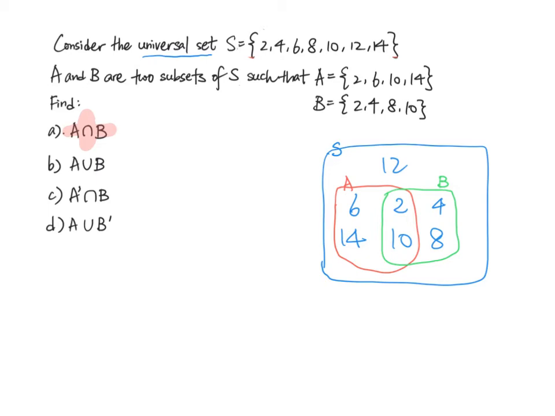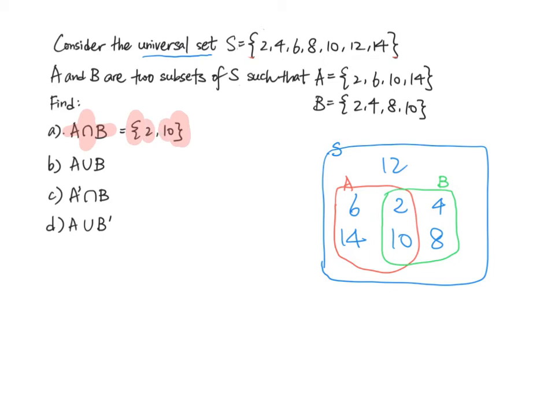So very easy. The answer would just be the set of 2 and 10, right? And we want to put this big bracket here to indicate that it's a set that includes 2 items, 2 and 10.